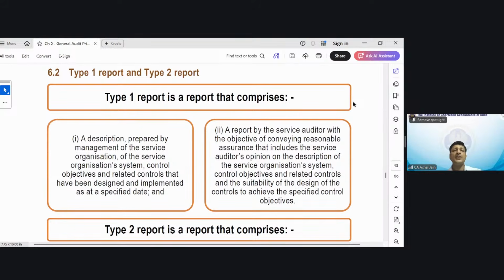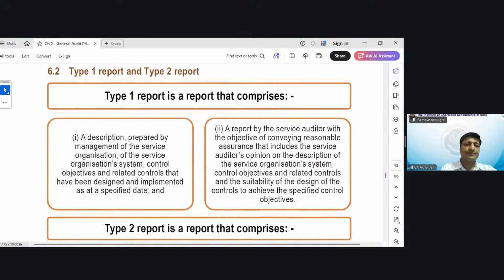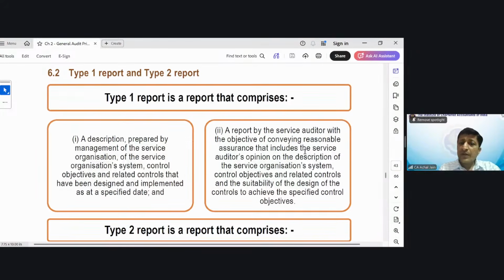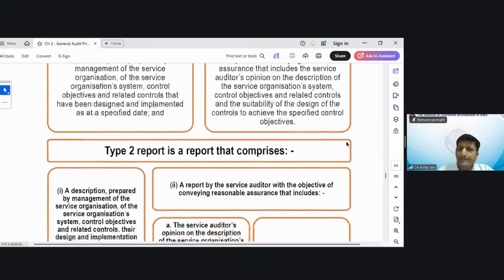So this description that you receive, okay, so service auditor's opinion on the description of the service organization system, control objectives, related controls, and suitability of design of the controls to achieve the specified control objectives. Right?